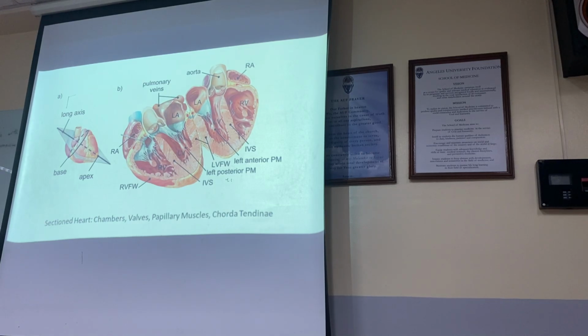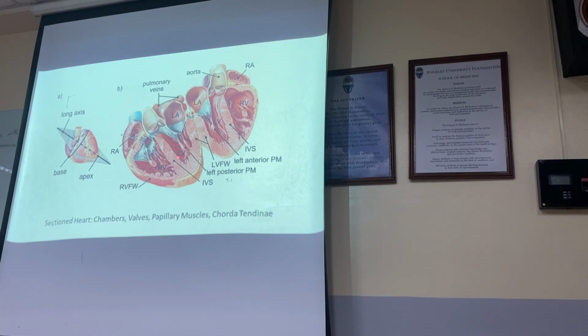Okay? And then valves. In this view, this is a longitudinal section passing through the interventricular septum. Okay? Be careful, no? Rely on the thickness of the ventricle. In a normal heart, the thicker is the left. Therefore, first you have to identify the papillary muscle, right? I may ask you to identify the papillary muscle.